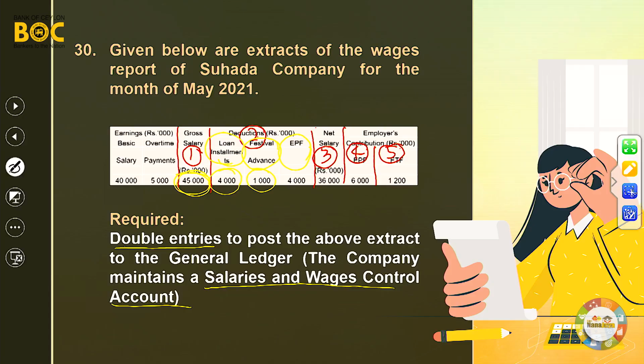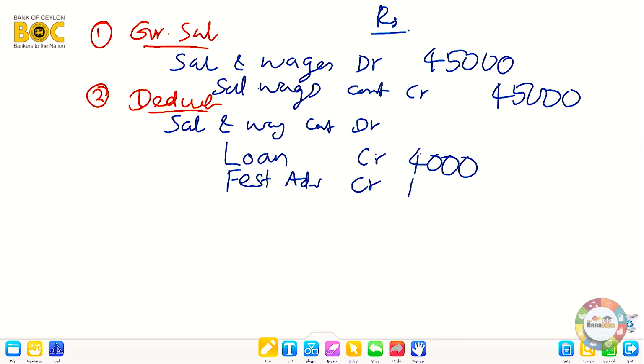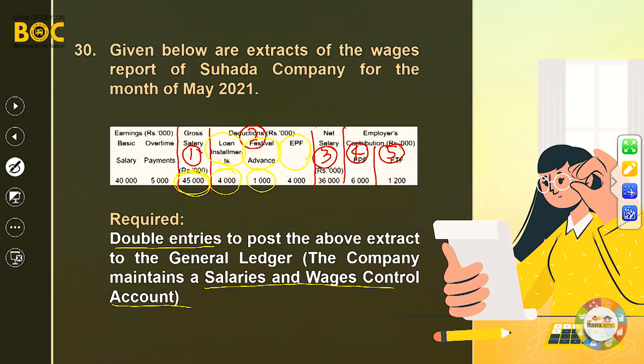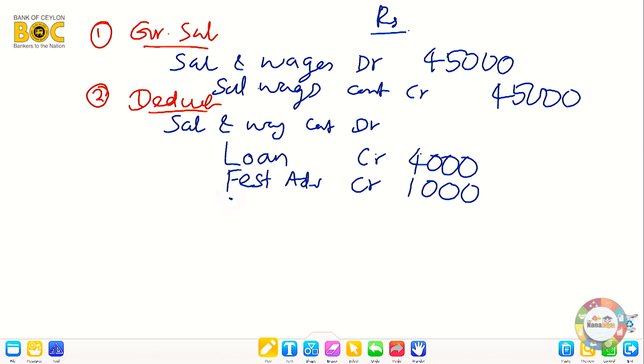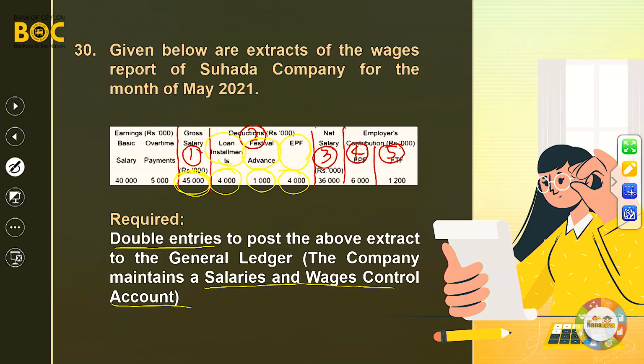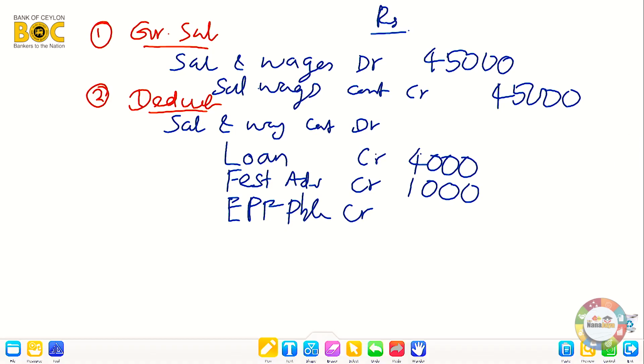You have 1,000 rupees. Then there is another deduction which is EPF. EPF payable credit. How much is EPF payable? 4,000 rupees.